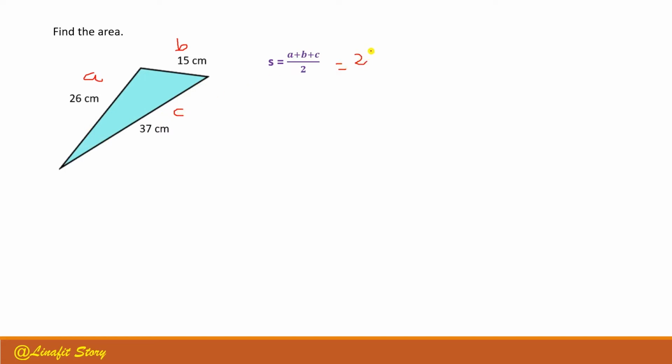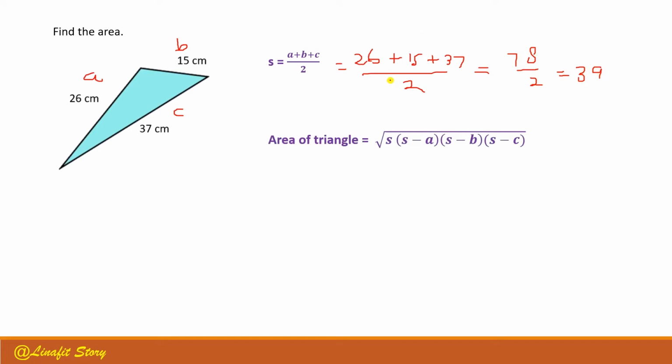So 26 plus 15 plus 37 divided by 2 is equal to 78 divided by 2, which is equal to 39. Then to find the area of the triangle, we should find the square root of 39 times 39 minus 26, times 39 minus 15, times 39 minus 37.